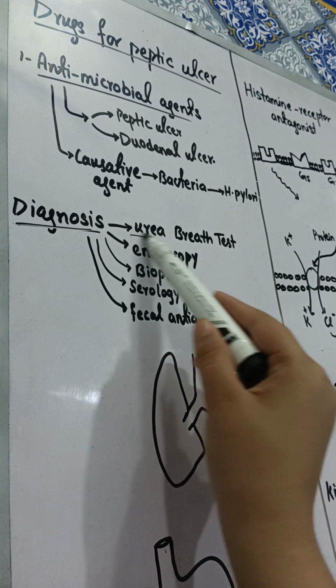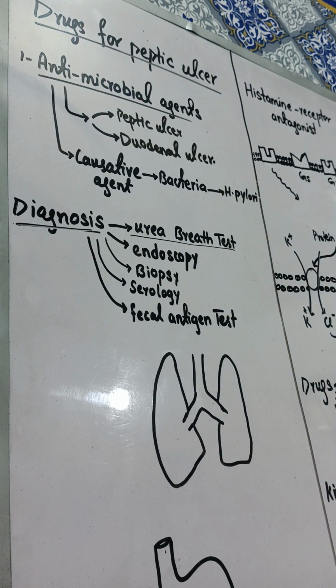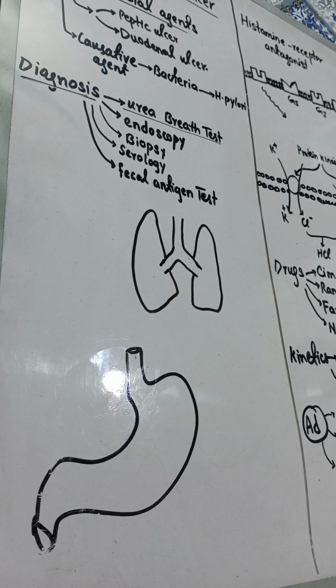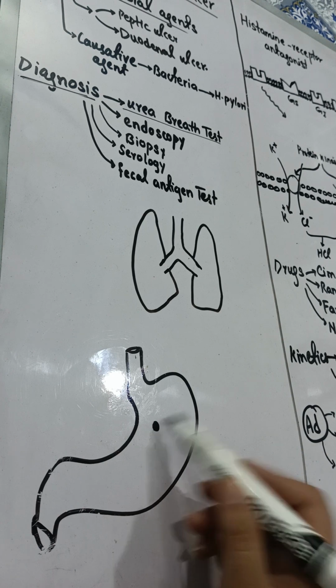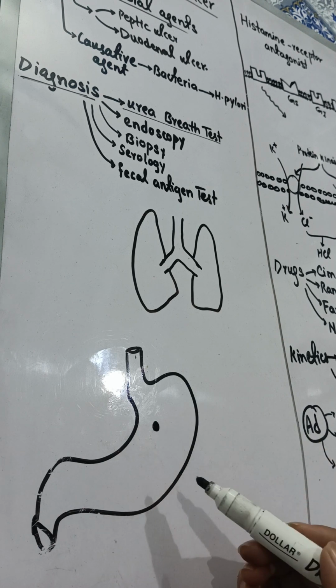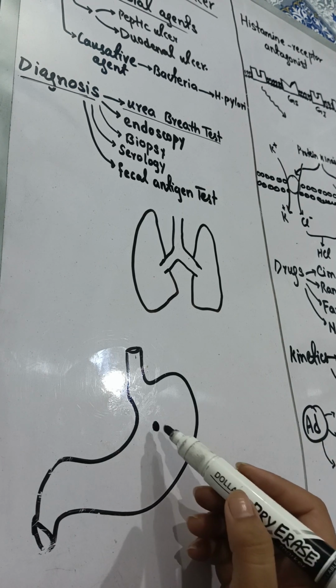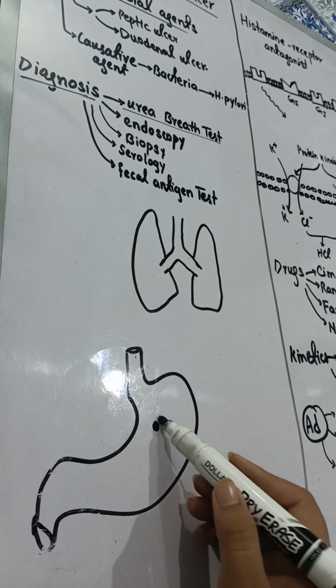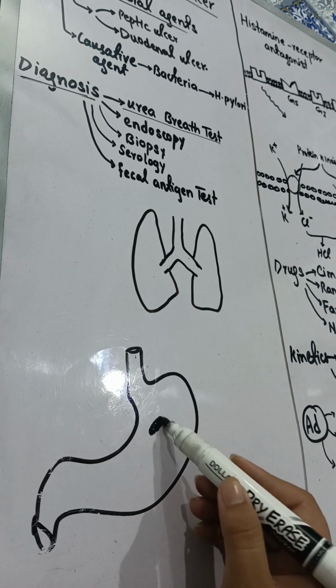Now let's briefly discuss the urea breath test and what happens in it. First of all, let's suppose that the bacteria is present inside the stomach. This is the H. pylori bacteria, and I am drawing it in this shape.